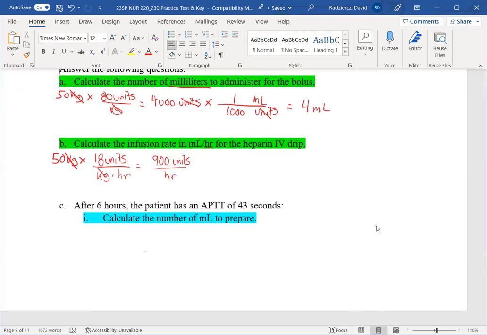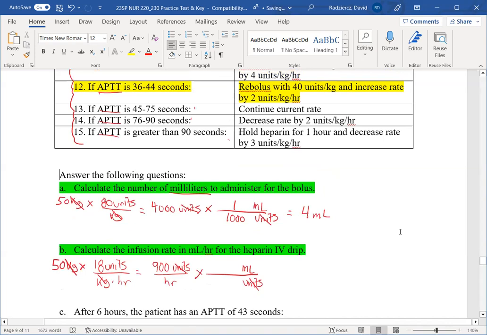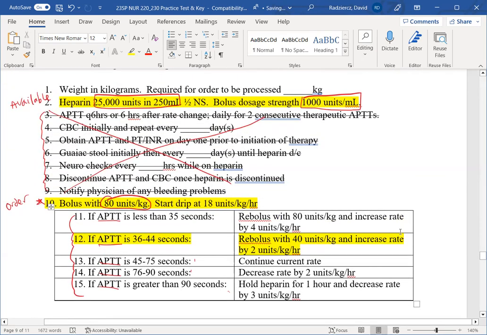We don't want units per hour, we want milliliters per hour. So I need to find a way to convert units to milliliters, and we should have a way to do that. So we're going to go up to the protocol, look at our available, and notice in our available, we have 25,000 units in 250 milliliters half normal saline. That's our IV bag, right? And isn't that what we're calculating when we're calculating a flow rate?